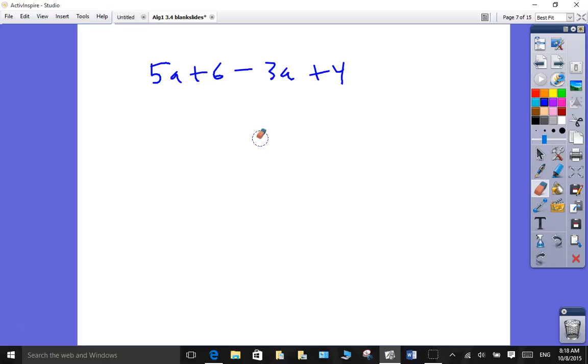So you can't use properties of equality to add to both sides. But sometimes students at this step are going to show this. Right? They're going to add 3a here and add 3a here. And you can't do that. Right? It's not an equation. You can't just add 3a in two different places.